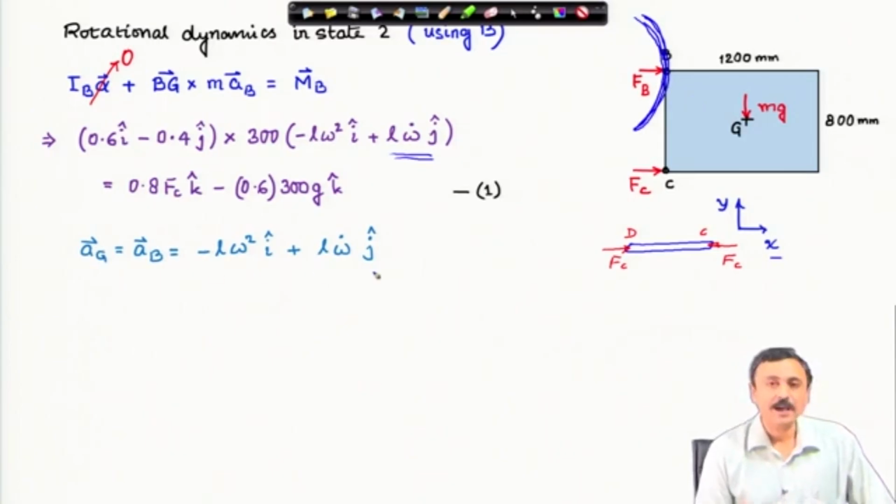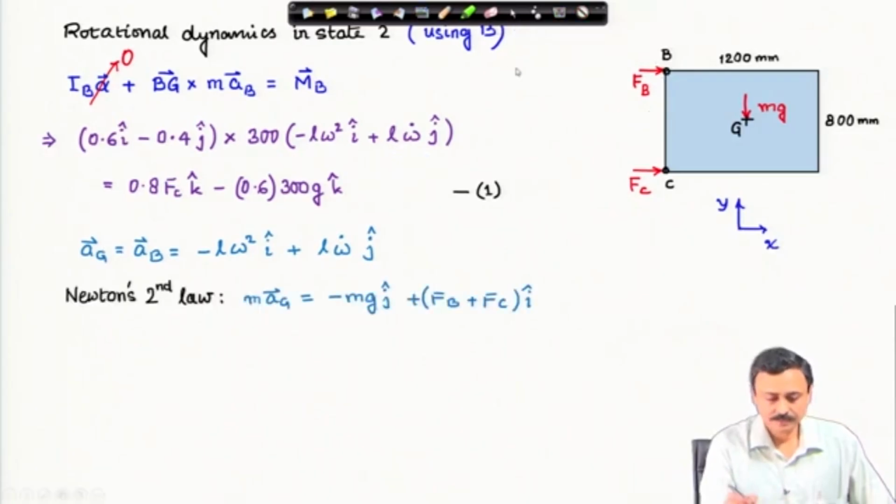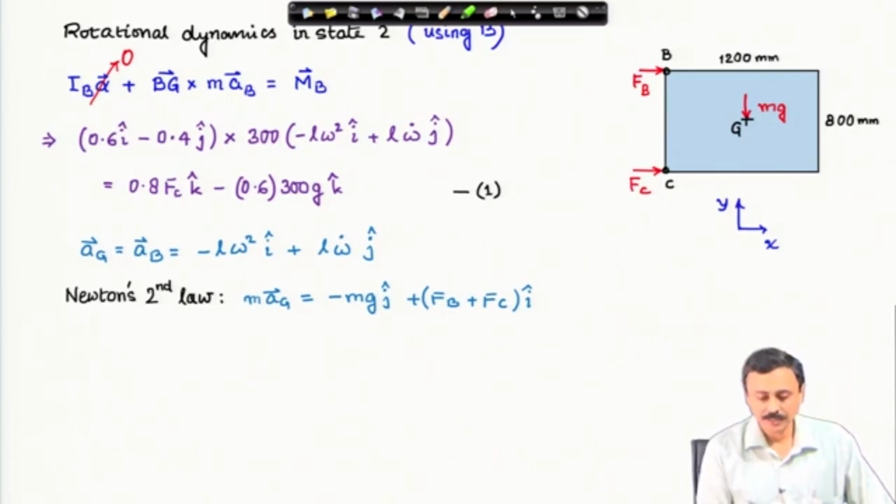Therefore, we have acceleration of g same as acceleration of B, and which is actually same as acceleration of C. If I now write down Newton's second law for the plate, for the center of mass of the plate, mass times acceleration of center of mass of the plate is equal to the net force acting on the plate. We have the weight and the two forces in the x direction.